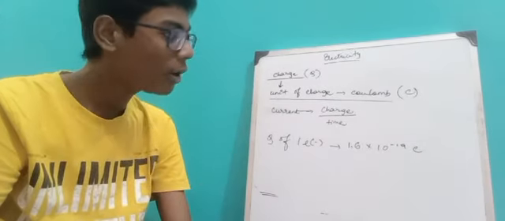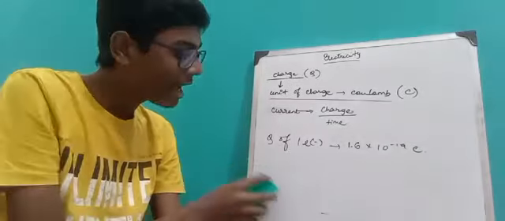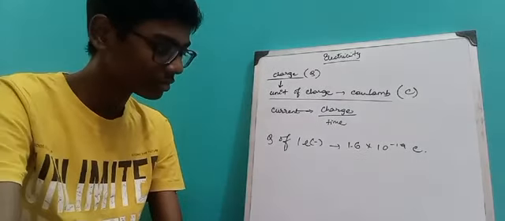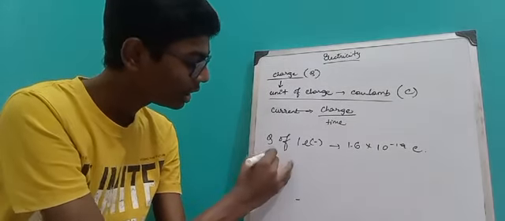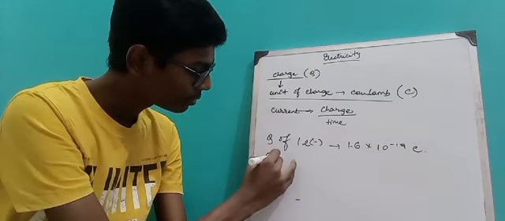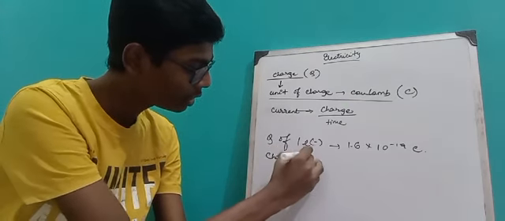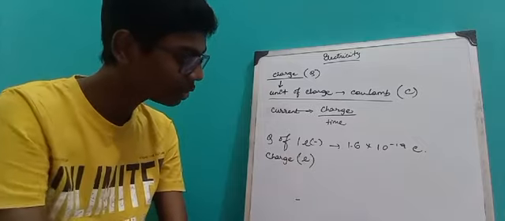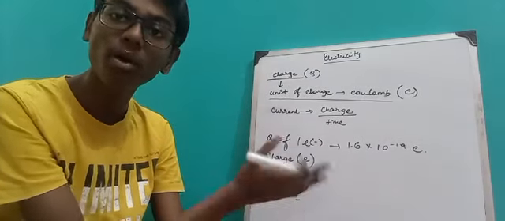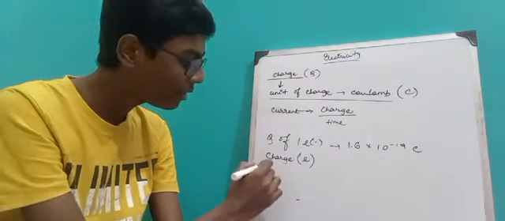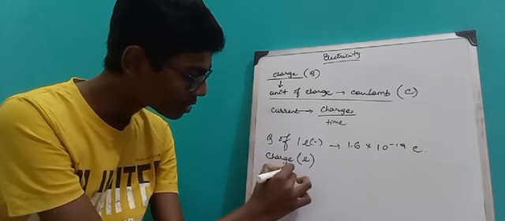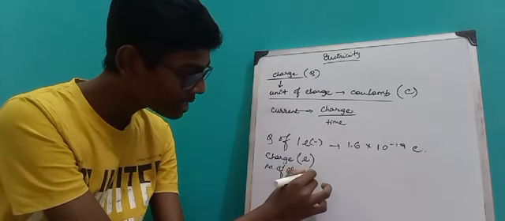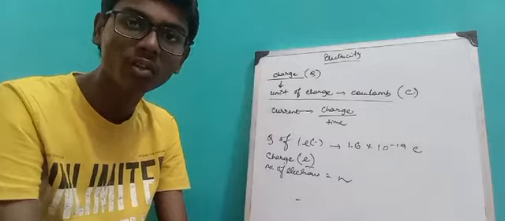Let the charge of one electron be e, and suppose n electrons are flowing through a wire.